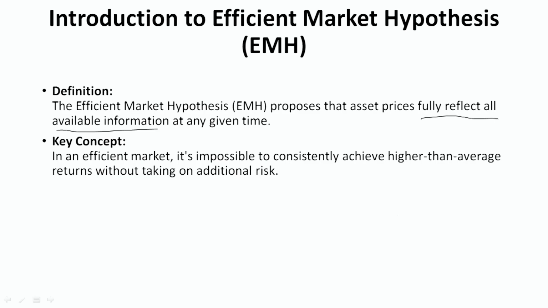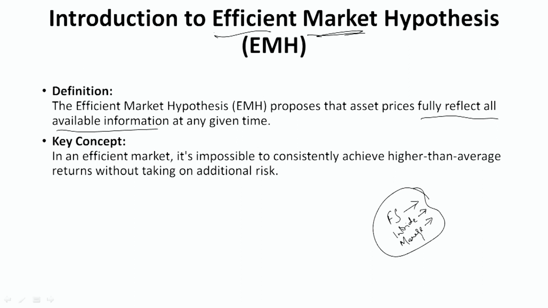So if there is information with regard to your financial statements, this is reflected in the price. There is certain insider information which is available; this is also reflected. Then there are certain management decisions which have already been published. This is also reflected.